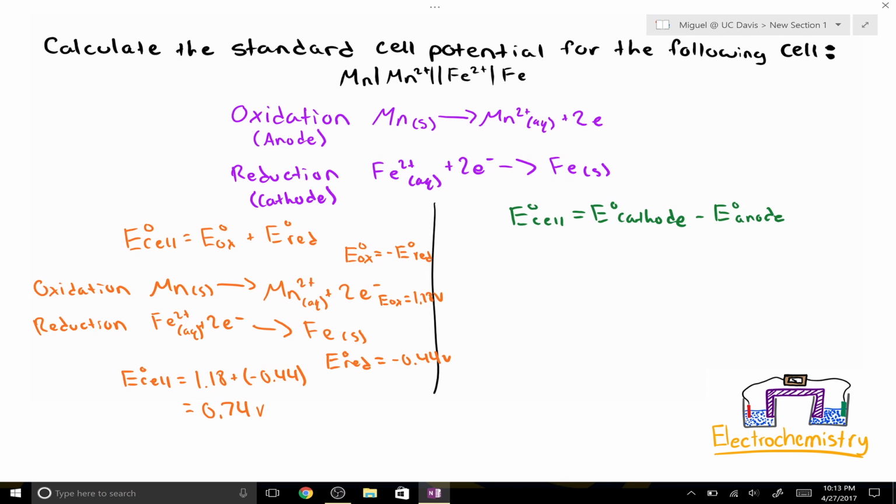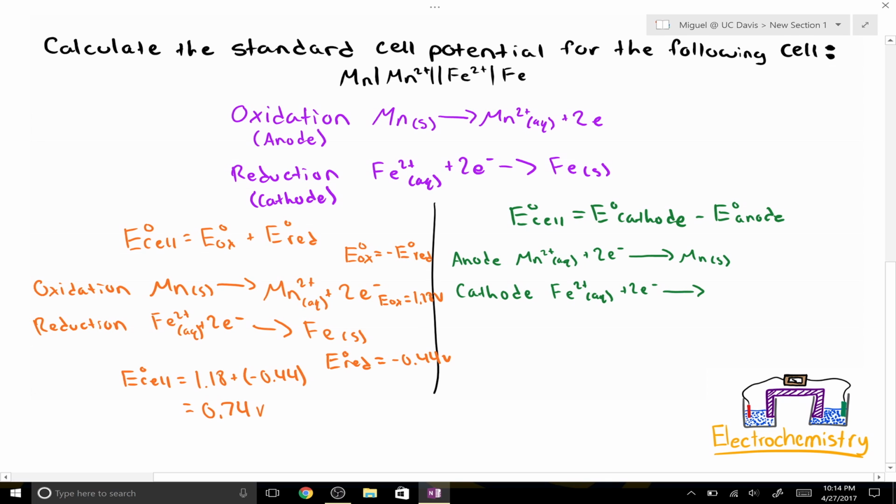Now I'm going to write out the half reactions for the anode and cathode, but in terms of reductions. Now that we have our two half reactions written as reductions, let's figure out what the reduction potentials are.